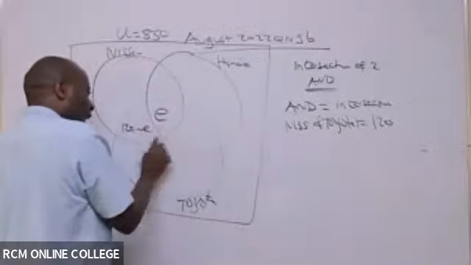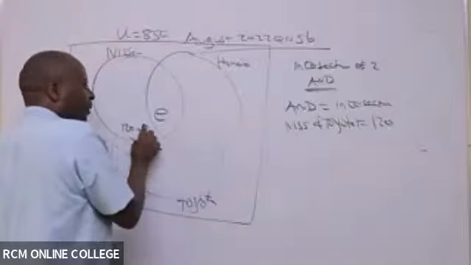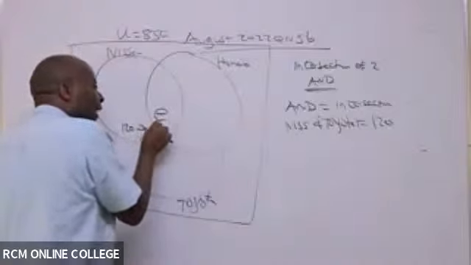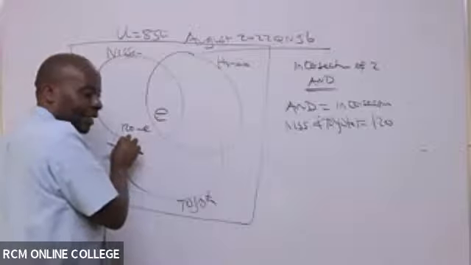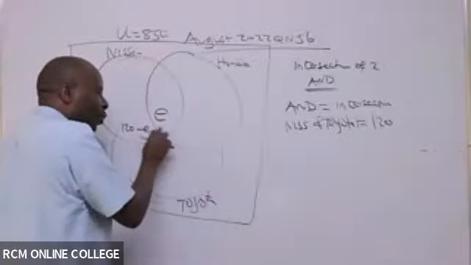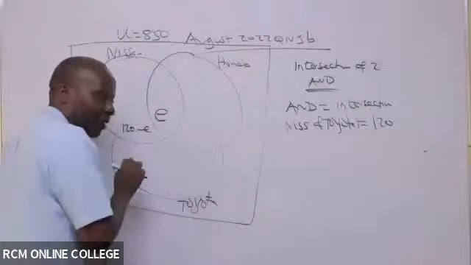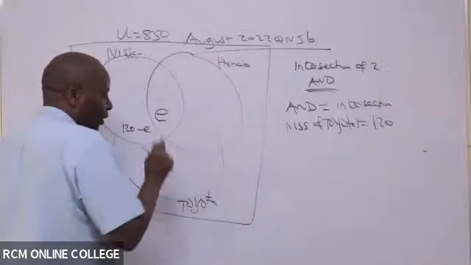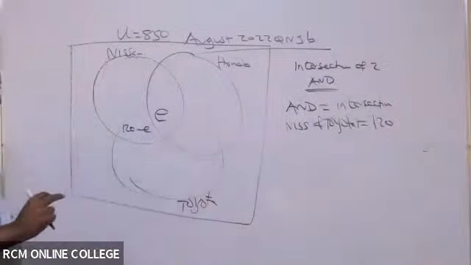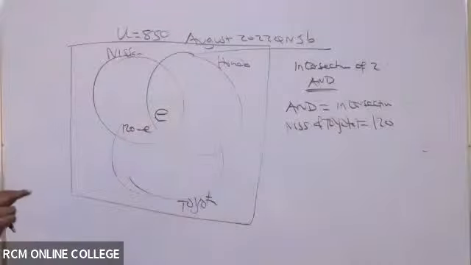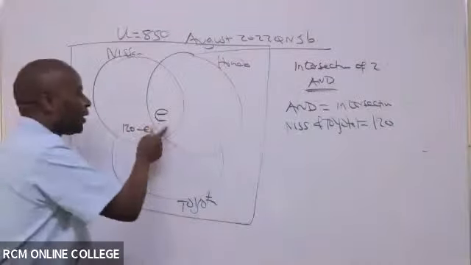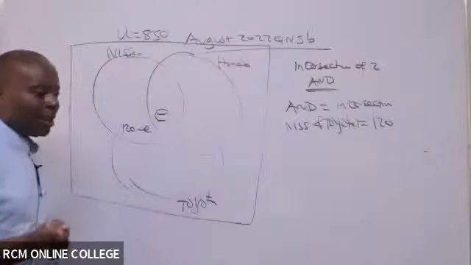If, for example, this was 10, then this one here would have been 110, because both of them must add up to 120. So once I know one segment, then getting the other segment is not a big deal.